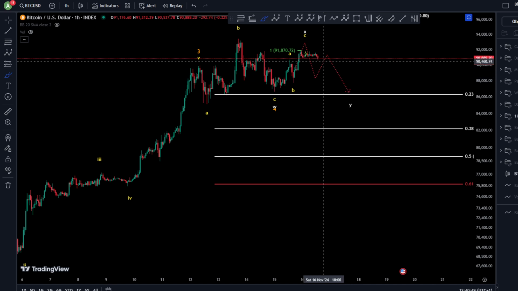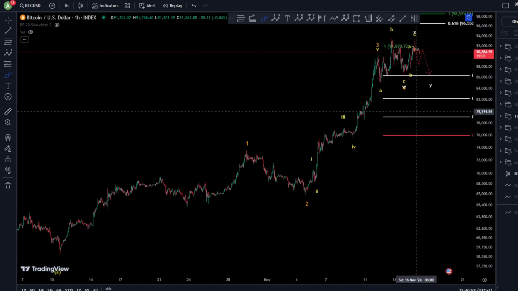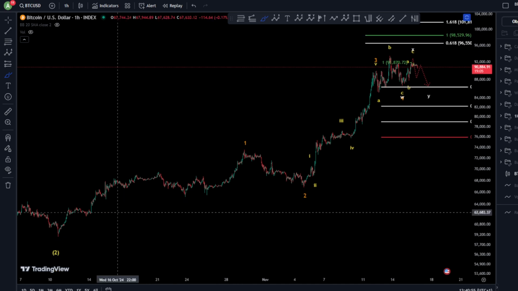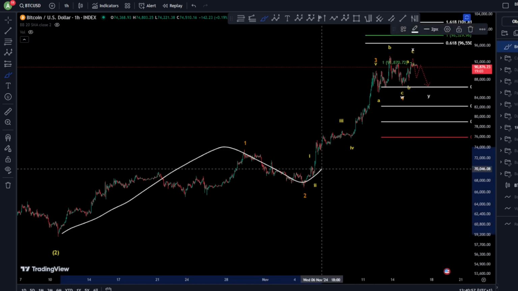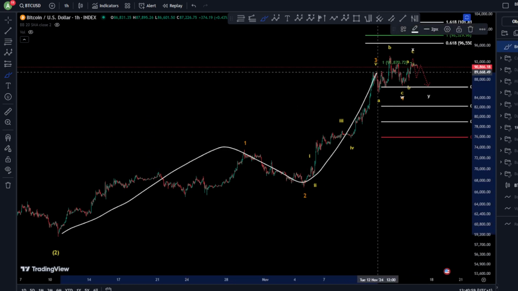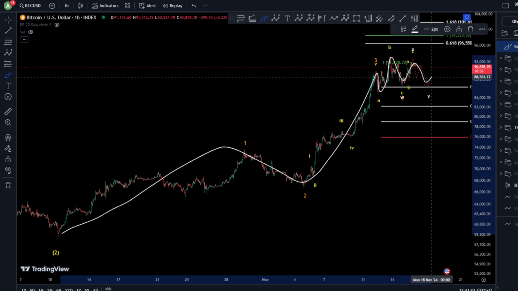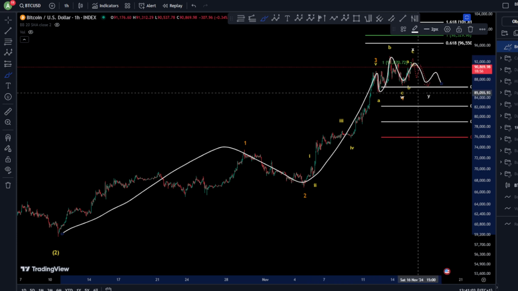Now, as you can see, there is a little bit of a drop. But we are still looking for this wave 4, which is taken as 1, 2, 3, and then your wave 4 is going to be ranging a little bit, right?